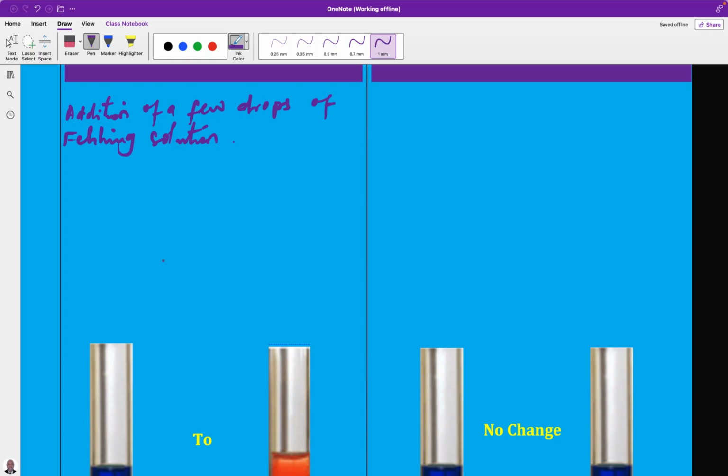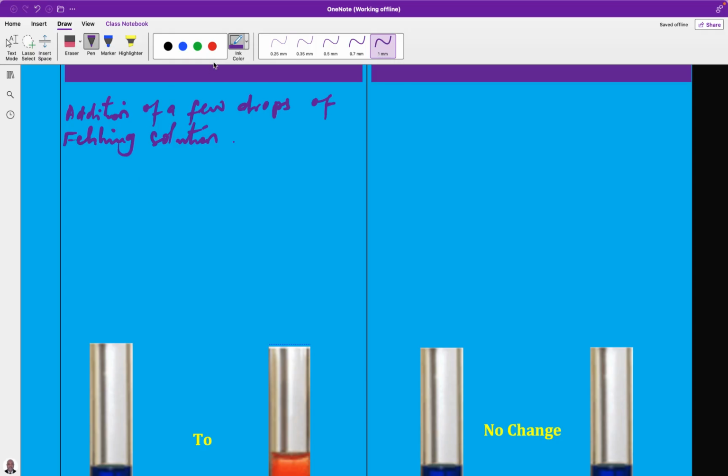It's a complex, blue in color, containing copper 2 ion. So when Fehling solution is added into this solution containing aldehyde, which is ethanol, the blue color will turn what? It will turn red orange.